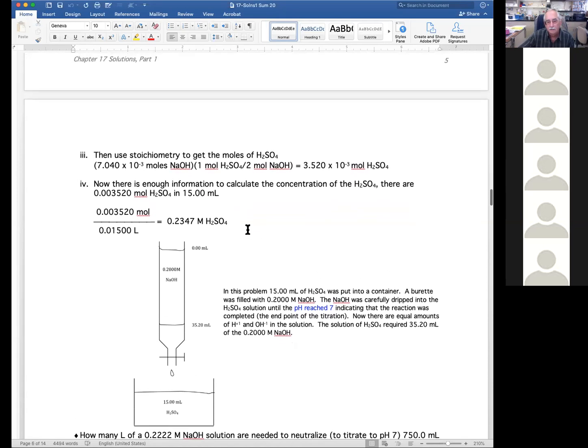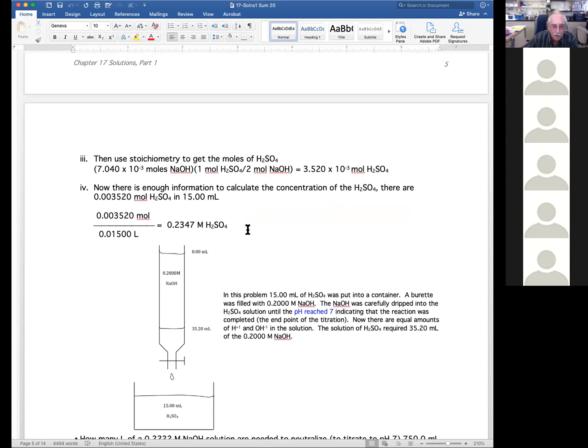So here's what we did in this titration. I took 15 milliliters of the acid. I don't know its concentration. I took a burette, which is essentially a very glorified, high precision pipette, and I filled it up with 0.2 moles per liter sodium hydroxide. And I dripped it in here until I knew the reaction was over. Think about pH now. This would be a low pH.